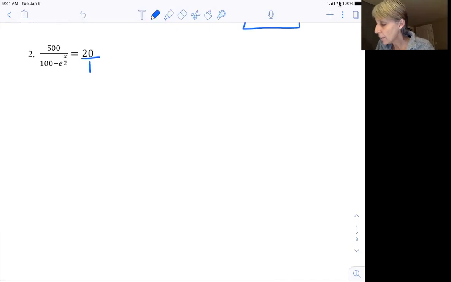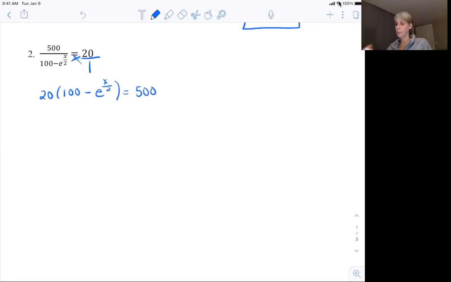So I'm going to have 20 times 100 minus e to the x over 2 equals 500, right? I'm just going to cross multiply. I'm going to distribute to get that out of the set of parentheses. 2000 minus 20 e to the x over 2.